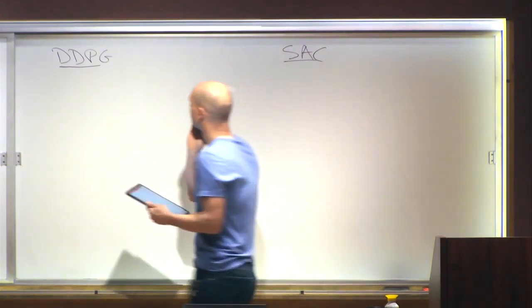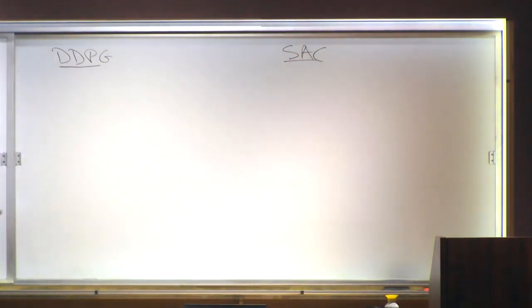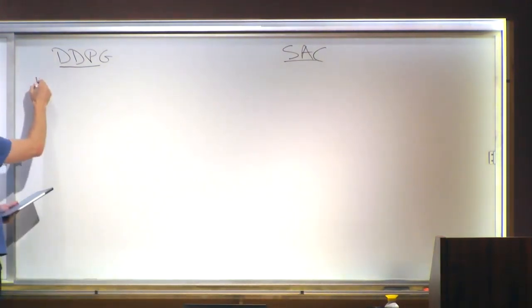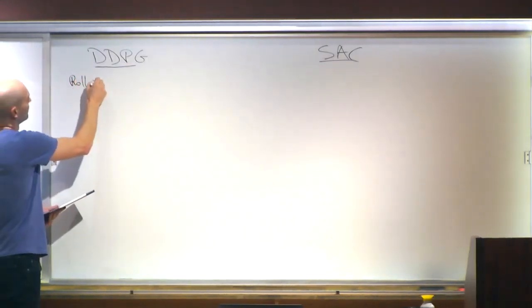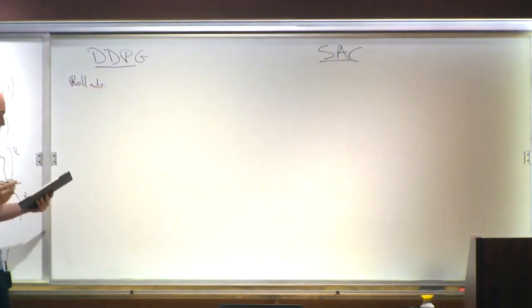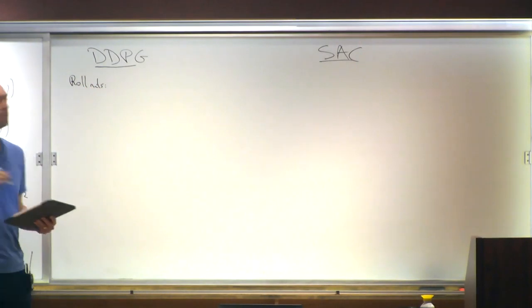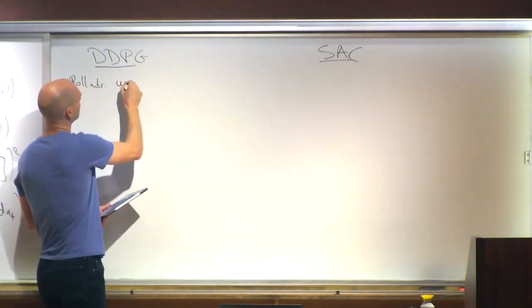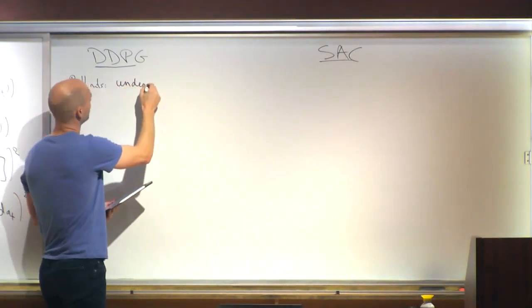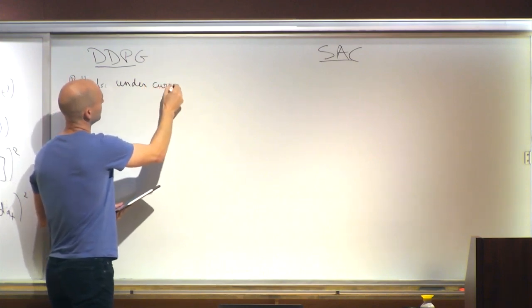All right, so in DDPG, we're going to first execute rollouts, as in most of these. These rollouts are going to be under the current policy. It's an on-policy method, or largely on-policy, under the current policy.